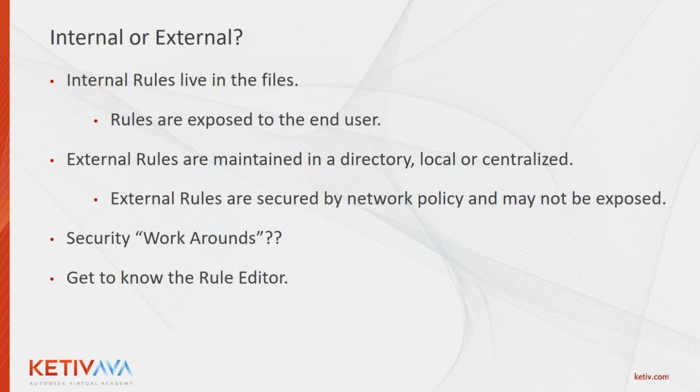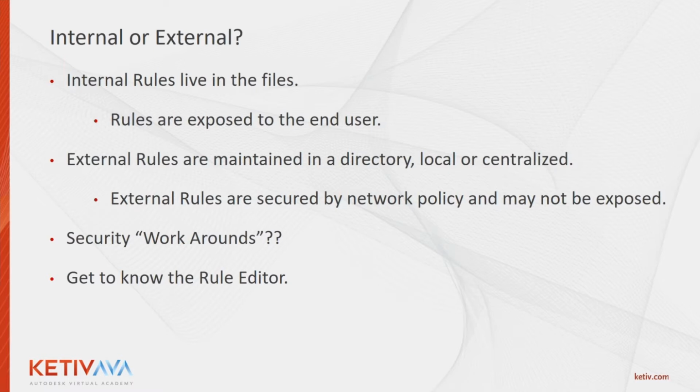Okay. External rules, on the other hand, are maintained in some sort of directory, either local or centralized, so they can be somewhere out on your computer personally, or they're out on the network somewhere. This creates a possibility of being able to secure those rules.